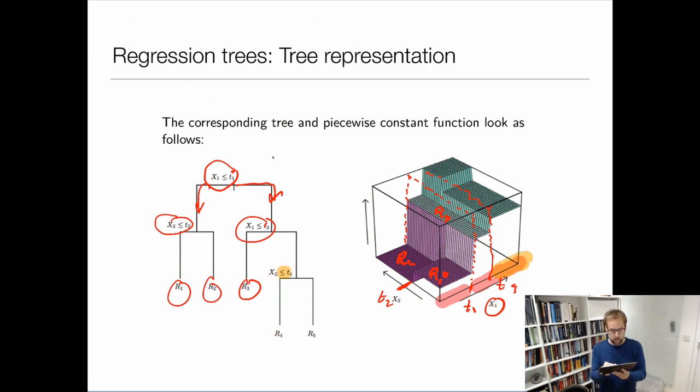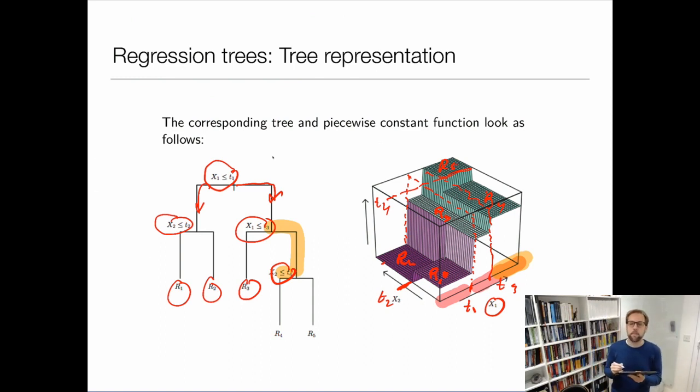I will go down this route, and then I will do one more splitting, but now in the variable x2, and now I'm looking at this direction here. Basically I'm splitting at this value in x2, which is the value t4, and if I'm smaller than t4, I will get this region R4, and if I'm bigger, I will get this region R5.